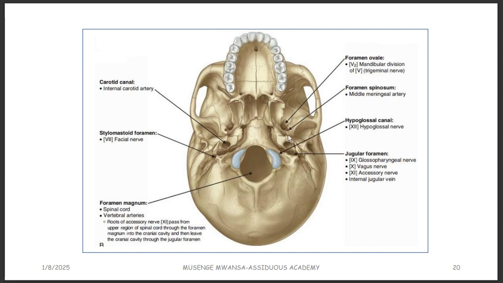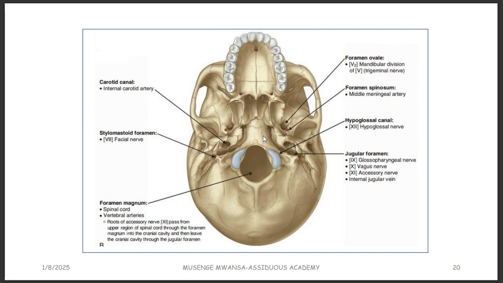Remember we said you can use the numeric order: foramen rotundum, ovale, and spinosum. But here we can't see the foramen rotundum. So I've got the foramen ovale, and just a bit posterior to it, you have got the foramen spinosum.